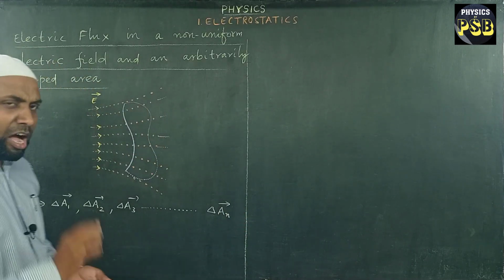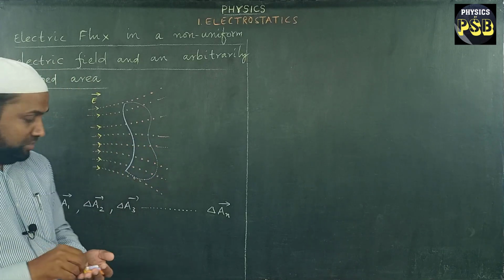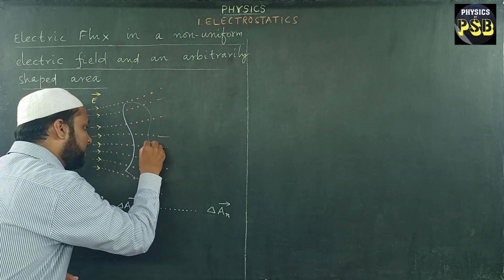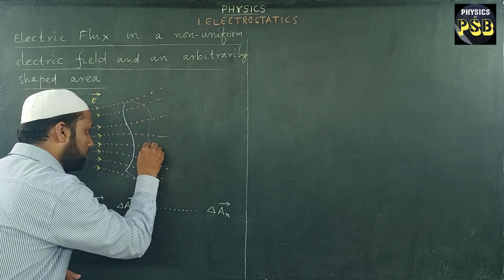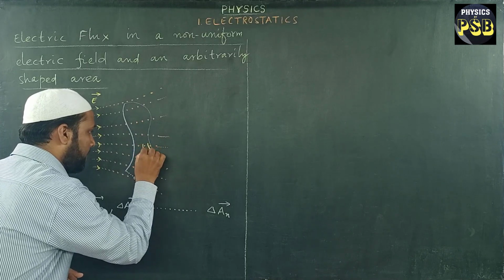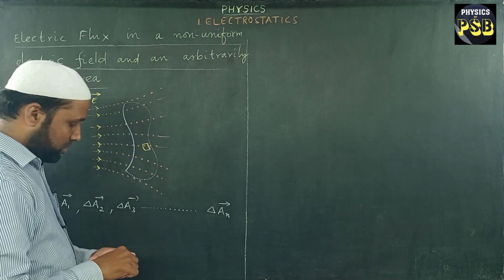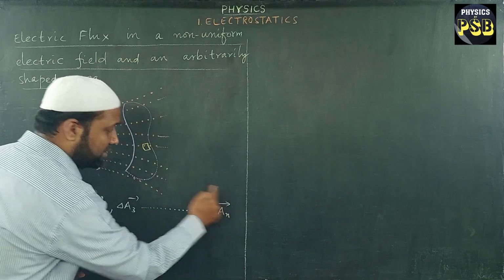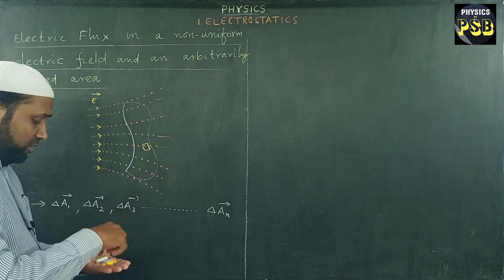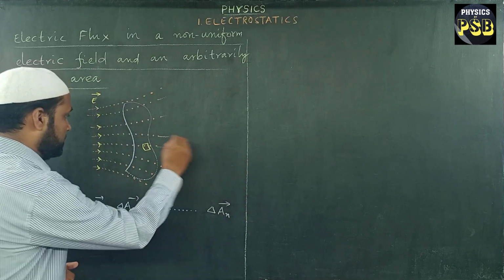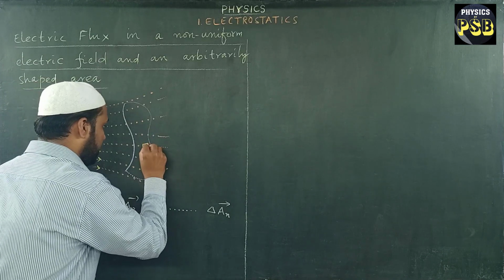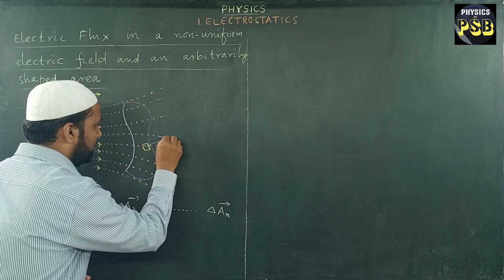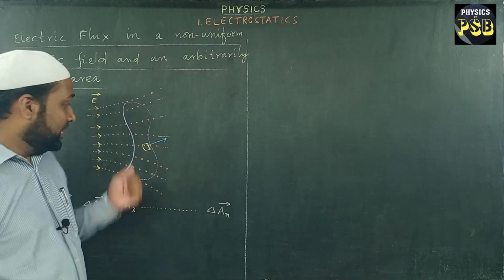Now, how will this area appear? Let me show you. I take one area element. It appears something like this. Then, we know area is a scalar quantity. Then why do we have this vector symbol here? If I draw a line which is perpendicular to this surface, this perpendicular line is known as the normal.